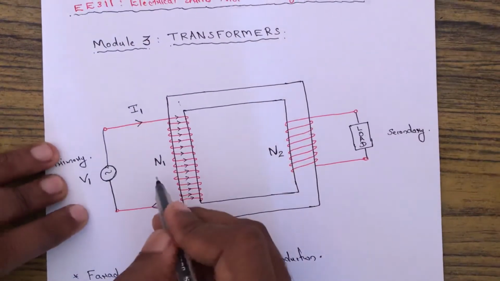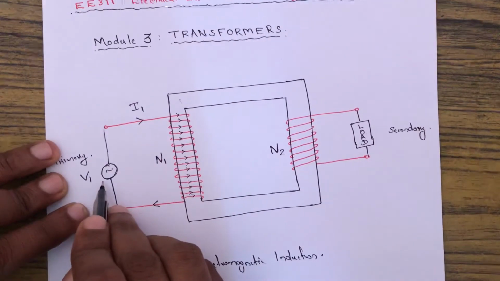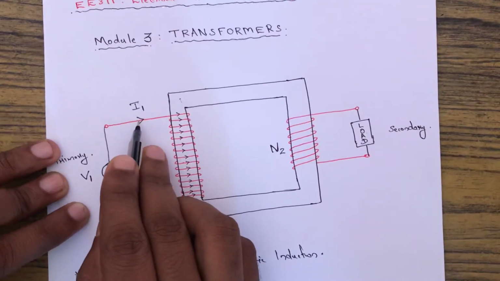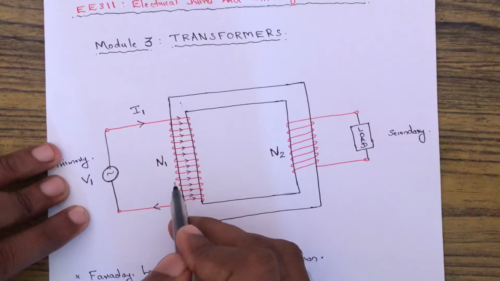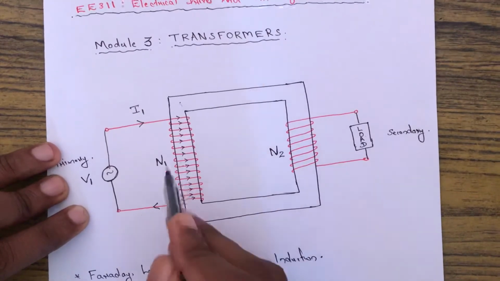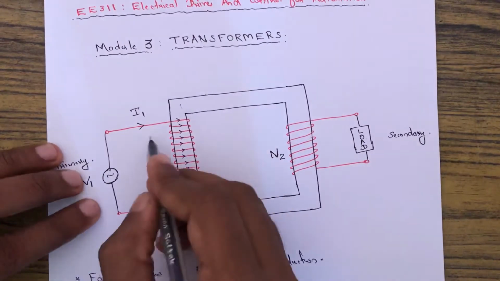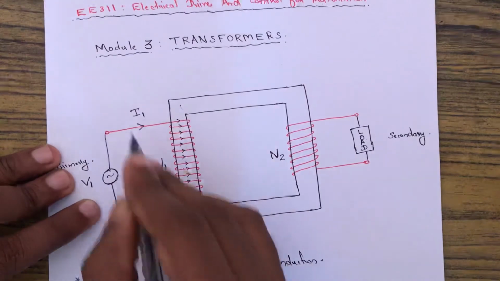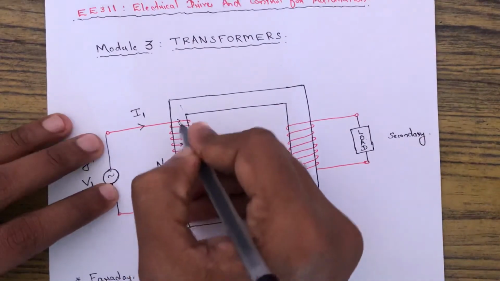When the primary winding is connected to an AC supply mains, a current flows through it. Since this winding links with an iron core, the current flowing through it produces an alternating flux. Whenever we apply a voltage, a current flows, and this alternating current produces an alternating flux.